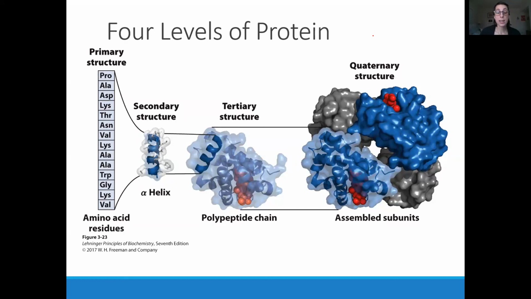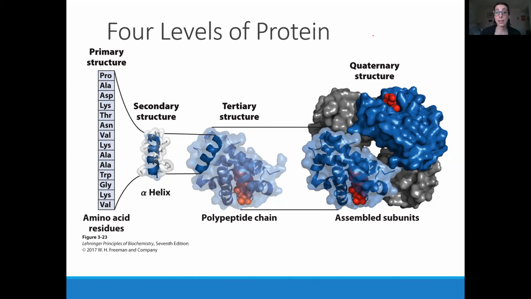Tertiary structure is then the folding of those secondary structures into a basically finalized, compact, three-dimensional structure of a protein. And there are other types of linkages that allow for tertiary structure to occur. How do we take one helix and link it to another helix? Well, we're going to use some of those interactions and bonds we talked about, and that's what makes tertiary structure.